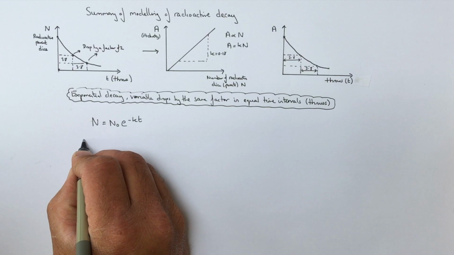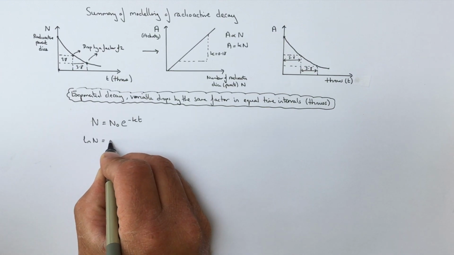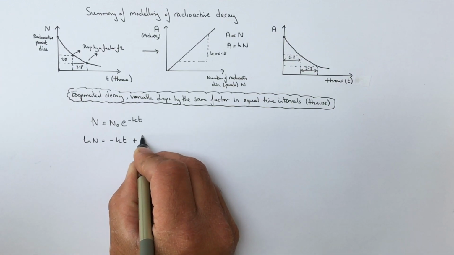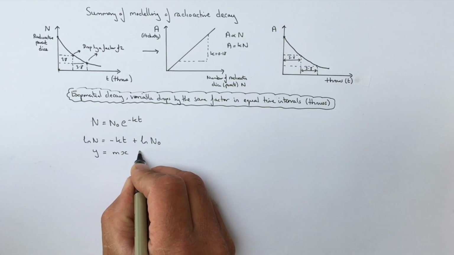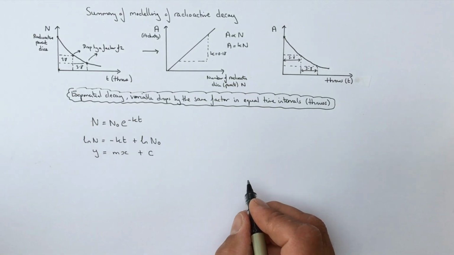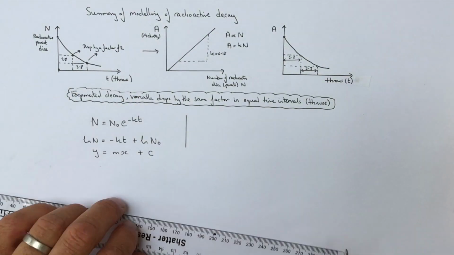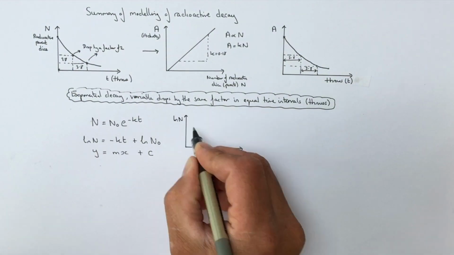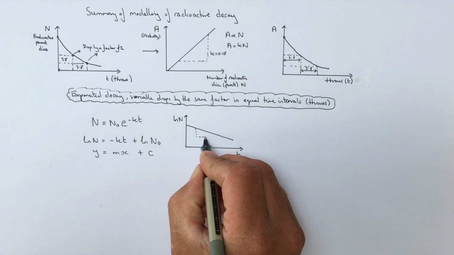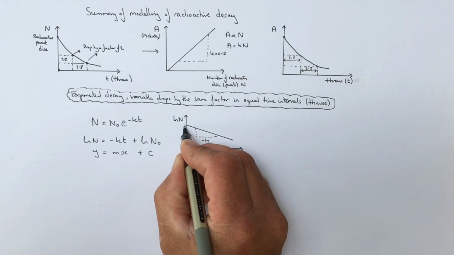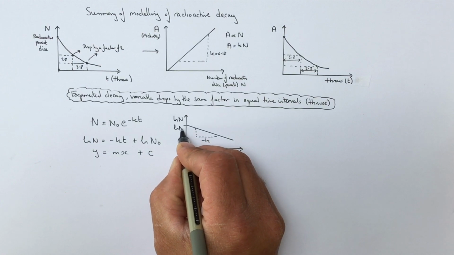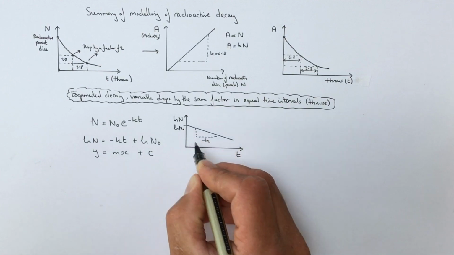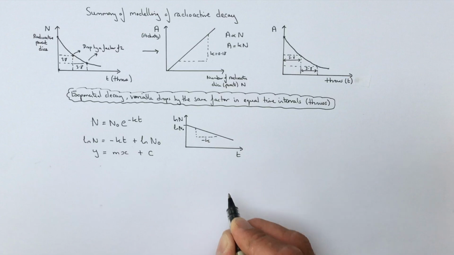We then took logs to the base e in order to get a linear relationship with the form y equals mx plus c. Plotting a graph of log N against the number of throws gave us our linear relationship. The gradient gave us minus the decay constant, and the intercept of the y-axis was the log of N0. So inversing this would give us the original number of dice in the sample.